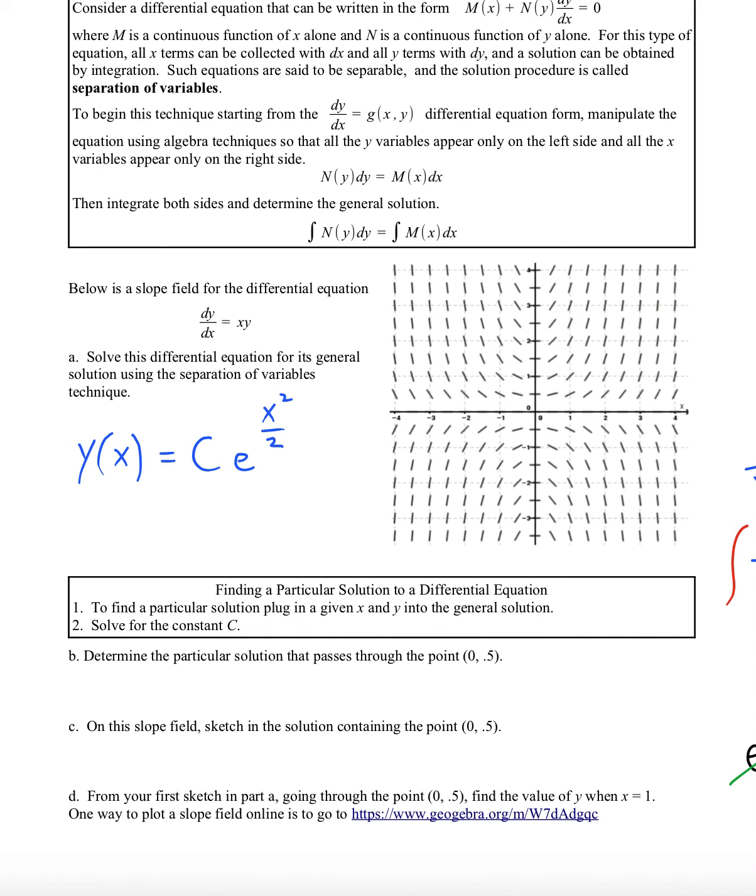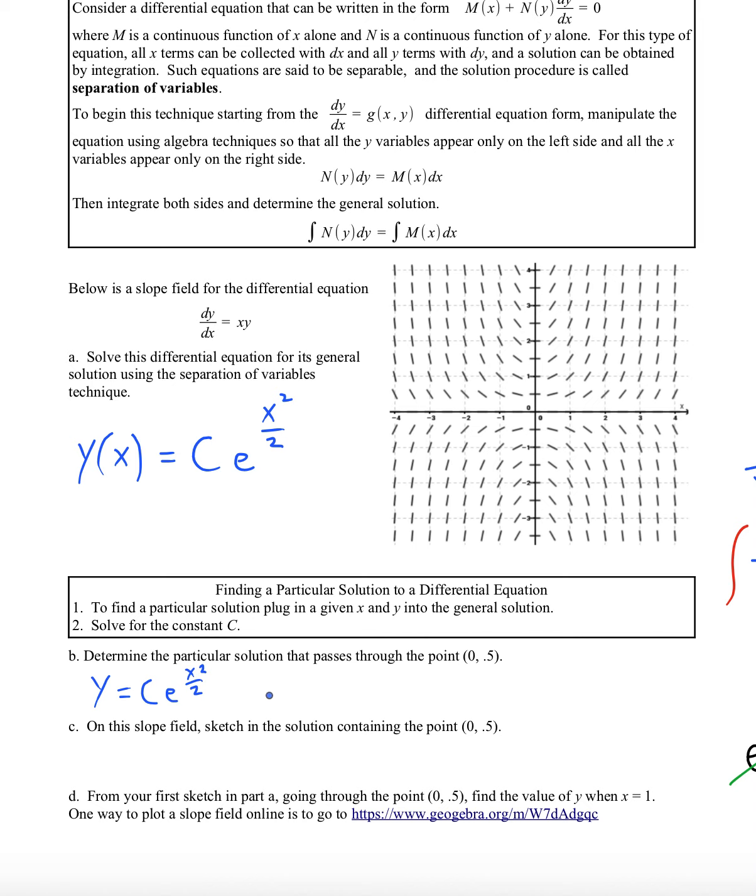All right, so now we're asked to find the particular solution that passes through the point (0, 0.5). Let's start with the general solution. And all we have to do is determine what constant c would work for going through the point (0, 0.5).